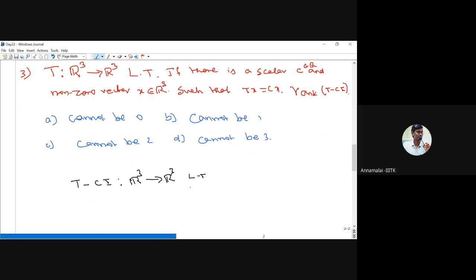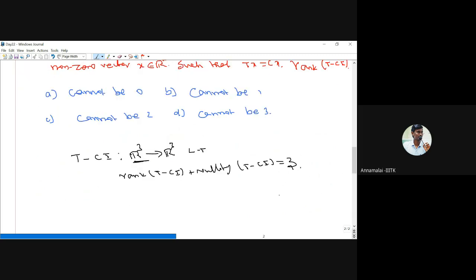Now apply the rank nullity theorem. So what do you get? Rank of T minus c times I plus nullity of T minus cI equals the dimension of the domain. What is the dimension of the domain? It is 3.